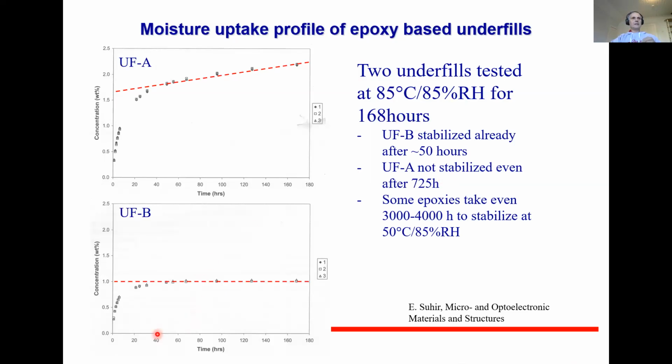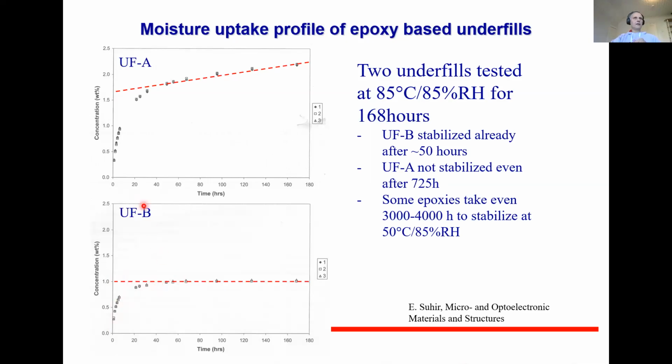Now what we can see is that underfill B has smaller solubility of water and it saturates much faster. Under these conditions, already after 50 hours, the maximum moisture content has been reached, which is roughly 1%.